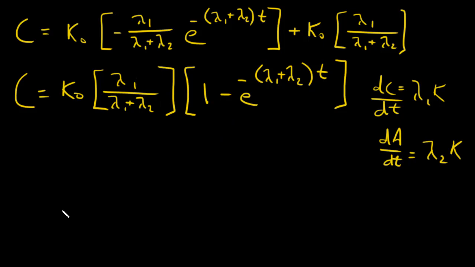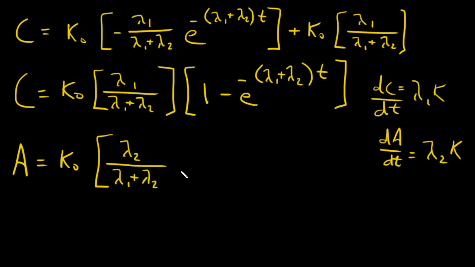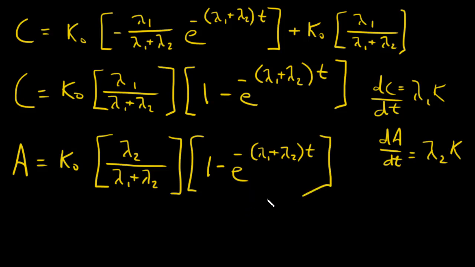This lambda 1 will become a lambda 2 for A. So A is going to equal K naught lambda 2 over lambda 1 plus lambda 2 times 1 minus e to the negative lambda 1 plus lambda 2 t. Alrighty? So I have my three things that I can work with. I've got my K of t, my C of t, and my A of t, because all of these have the little sub t, right? It's the amount at time t.